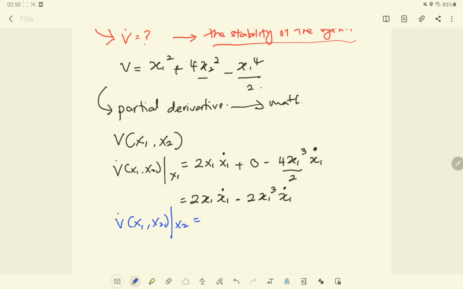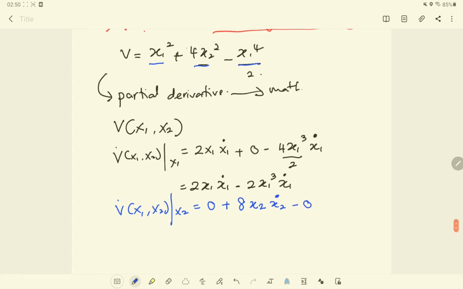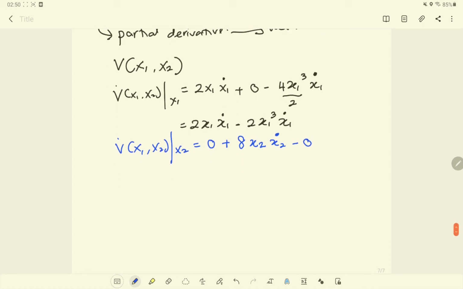Here it is 0, plus 8 x2 x2 dot, minus 0. So now we sum up everything.